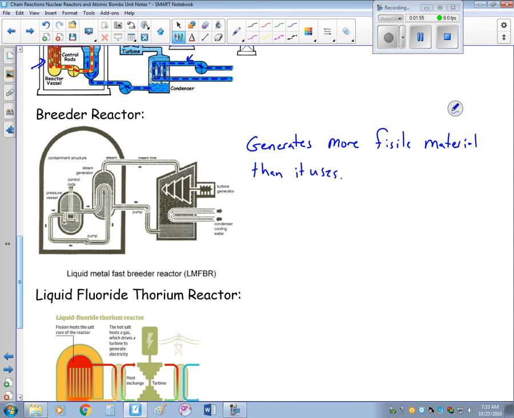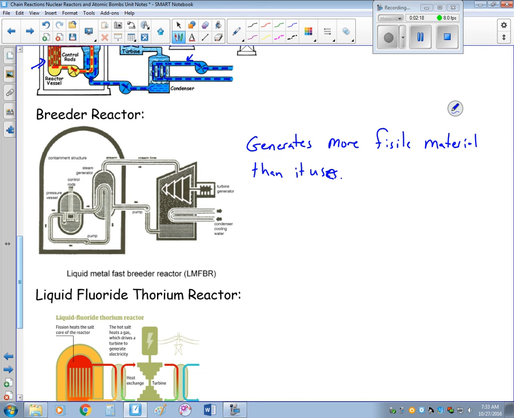In other words, the waste from this reactor is actually fuel for other reactors, and that's very, very important. In principle, this reactor could extract almost all of the energy contained in uranium or thorium.